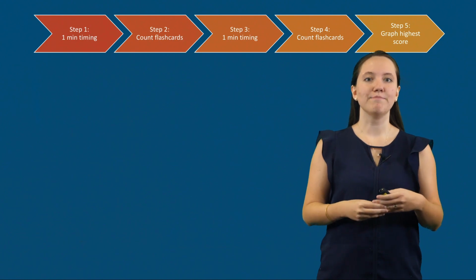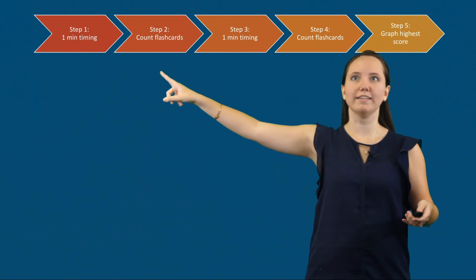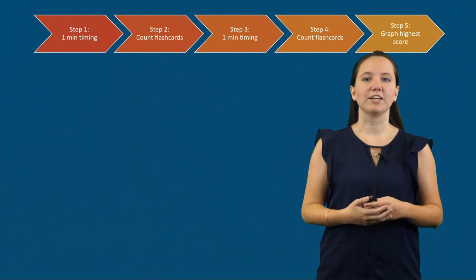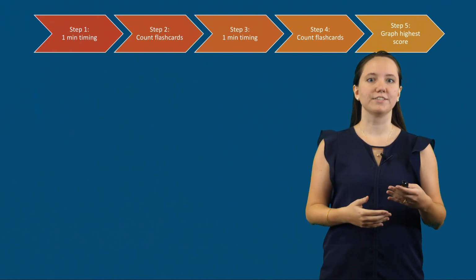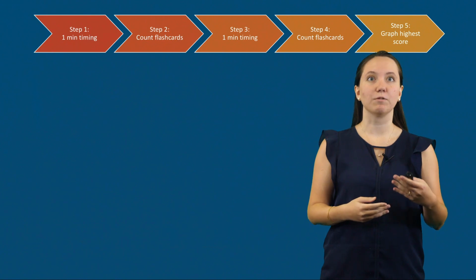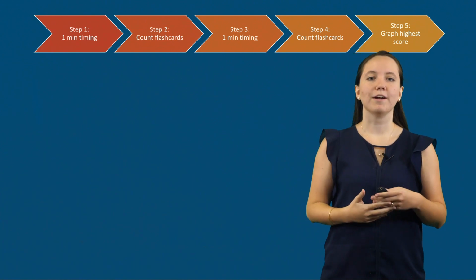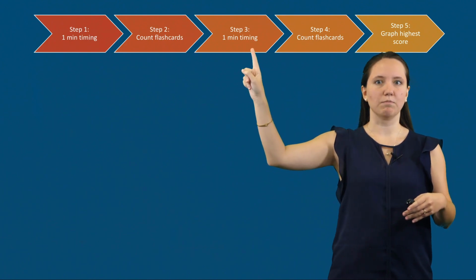Anytime you complete Math Fact Flashcards, you use the following 5 steps. Step 1 is to complete the first trial of flashcards with students for 1 minute in a round robin. During the first trial, students answer as many questions correctly as they can in 1 minute. Step 2 is to count the flashcards. You count the number of correct flashcards from trial 1. Step 3 is the same as step 1.